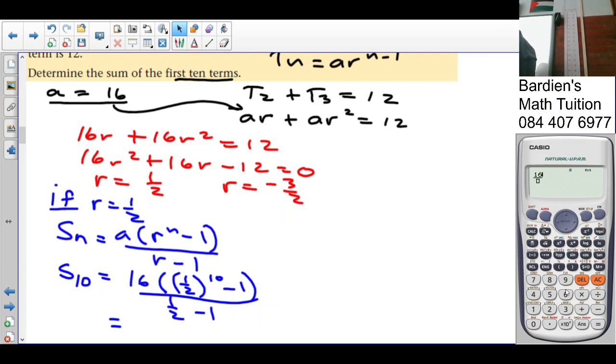So we're going to get 16, a half, the exponent 10, minus 1, over half, minus 1. That gives us 1023 over 32.